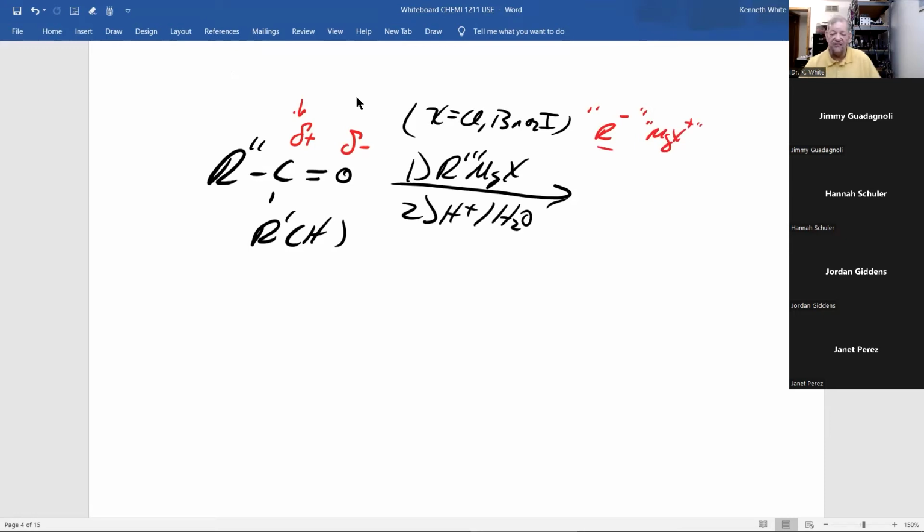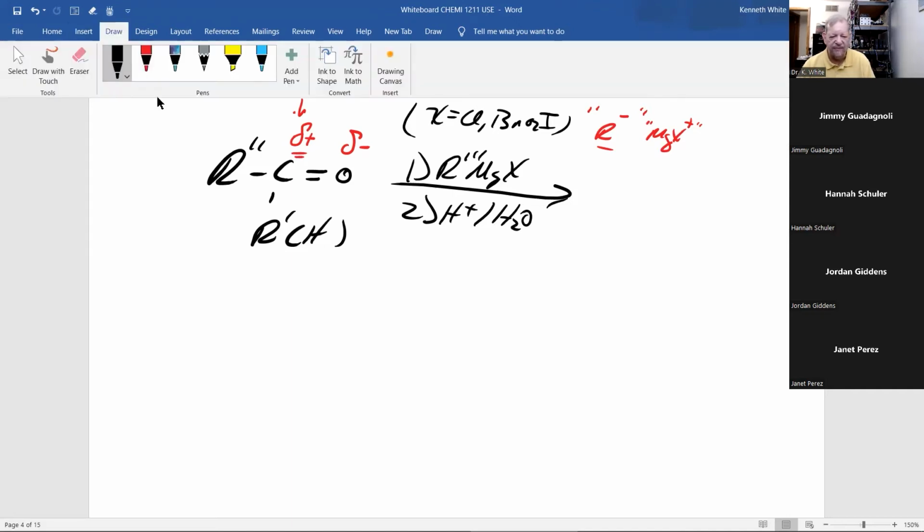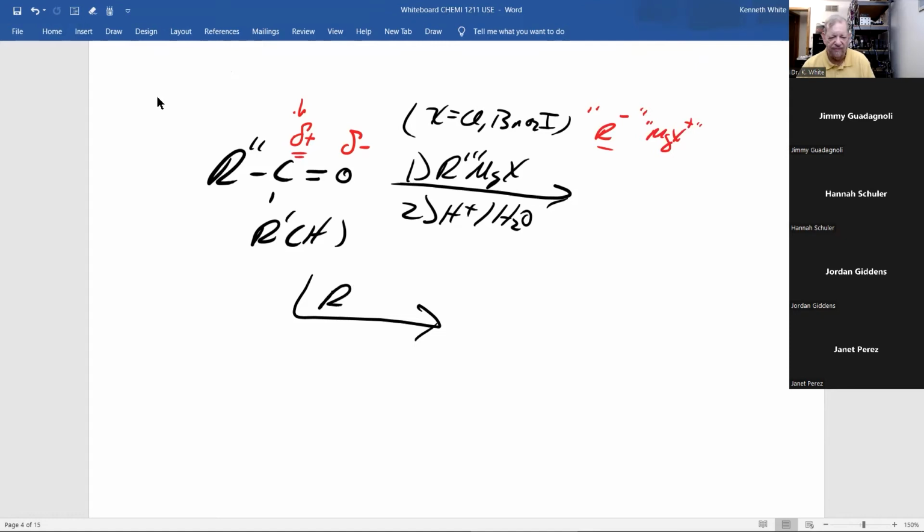If you have a negative charge on carbon, it's looking for a positive charge right there. And here's what happens. First step, this happens. And this attacks that and opens it up to this.